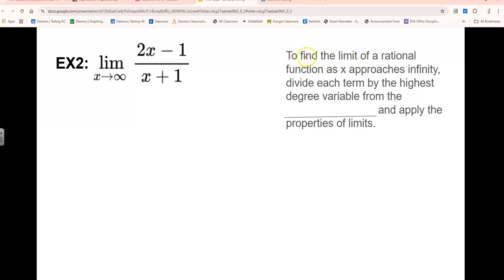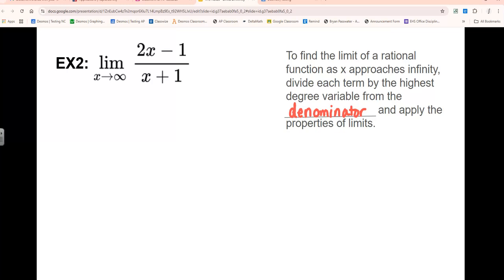So to find the limit of a rational function, rational means you've got a fractional function with variables in the denominator, as x approaches infinity, divide each term by the highest degree variable from the denominator, and apply the properties of limits.